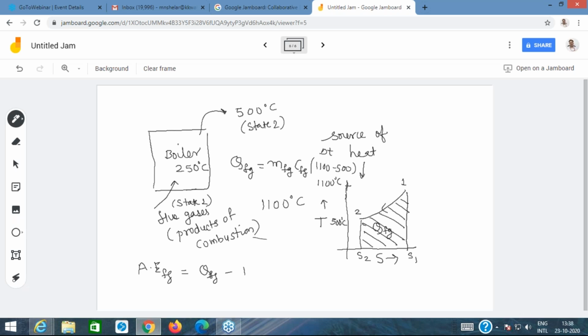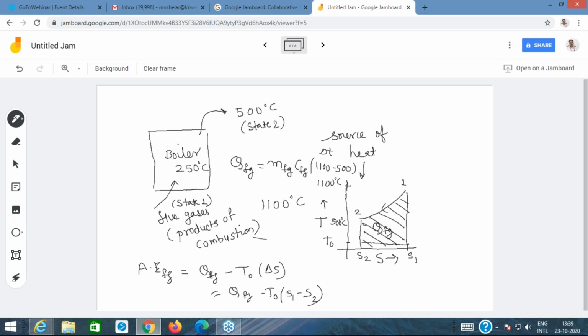and I'll do this later, QFG minus T naught delta S, where T naught is the dead state temperature and this is delta S. Using my notations, delta S would be S1 minus S2.